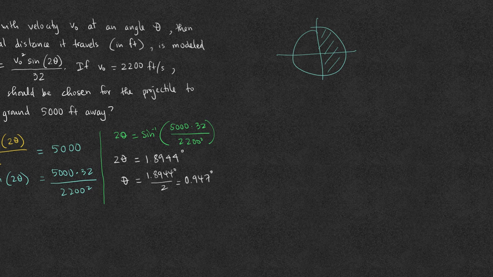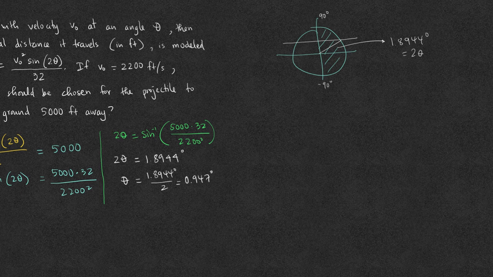And sine inverse is restricted to the first and the fourth quadrants, or from negative 90 degrees to 90 degrees. The angle that we found is 1.8944 degrees, not 0.947, but 1.8944 degrees, because this is the result of sine inverse. And yes, this is 2 theta.